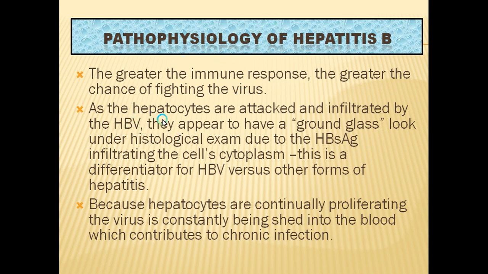Then as hepatocytes are attacked and infiltrated by hepatitis B virus, इसमें कौन सा आता है? Ground glass. Histological examination में हेपेटाइटिस बी अगर किसी को है, so this has a ground glass appearance. जैसे for example liver biopsy आपने किया है, you can see this if it is due to hepatitis B virus. Ground glass appearance in histological examination, मतलब cell के examination, due to HBs antigen.